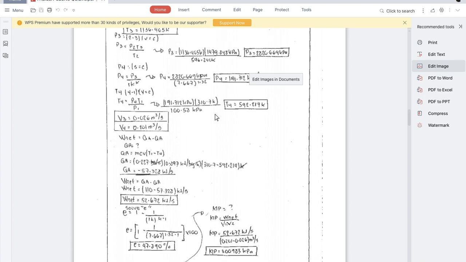For the V3, based on the PV diagram, V3 is equal to 0.026 cubic meter per second.